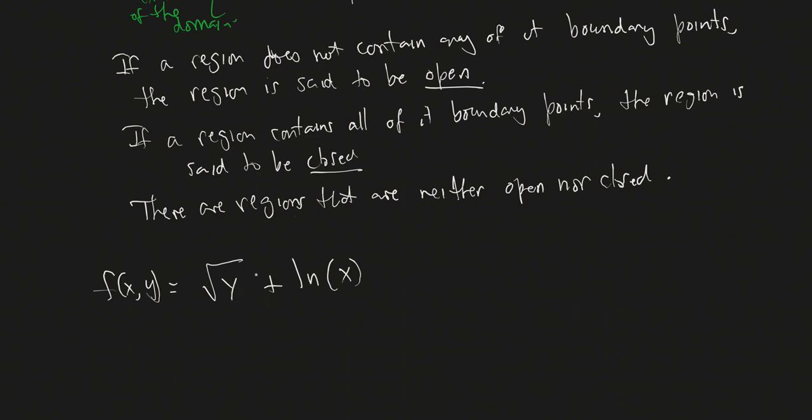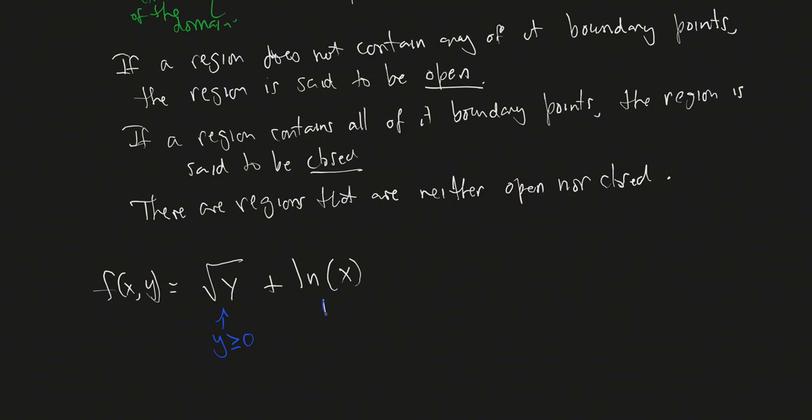Here's what we know about the square root function: we said earlier that this implies that y has to be greater than or equal to 0. For the natural log, in addition to not being able to take the natural log of a negative number and get a real number as your answer, we can't take the natural log of 0. So the inequality is a little bit different, right?